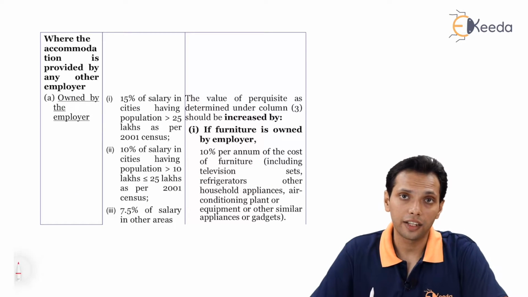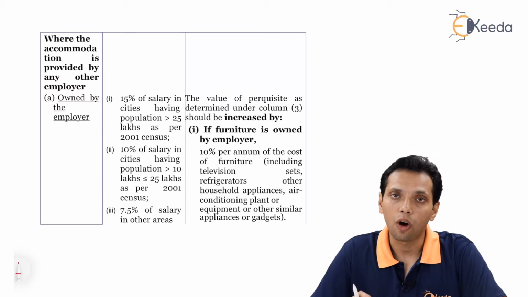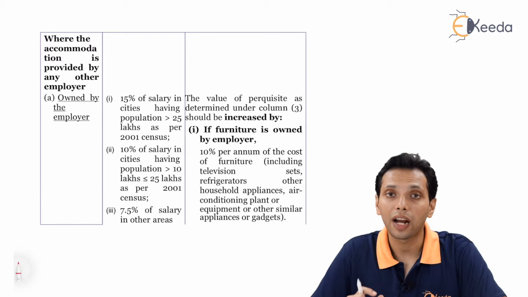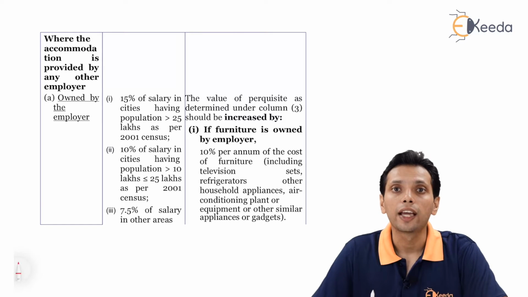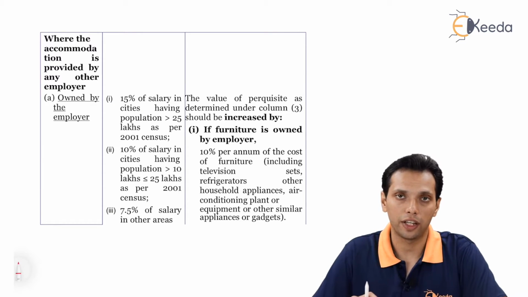Now the second category. In the second category, this is regarding the private employer, accommodation provided by the private employer to the employee in cases where the residential accommodation is owned by the employer.